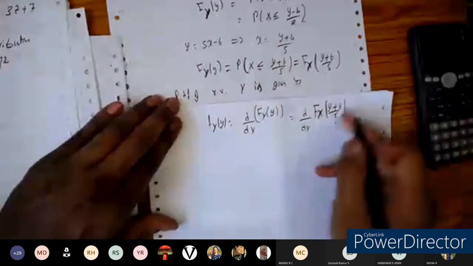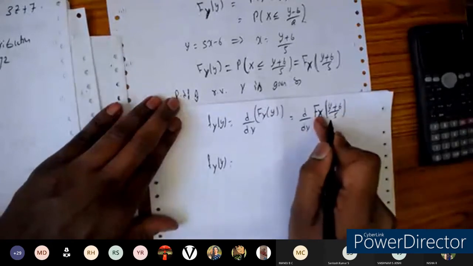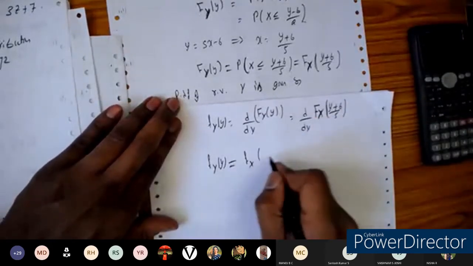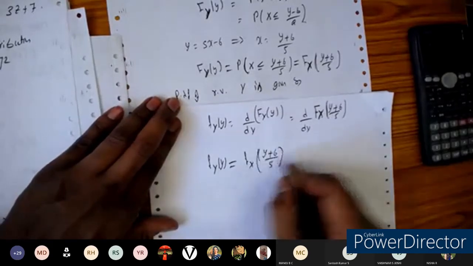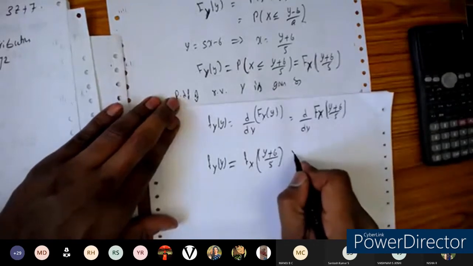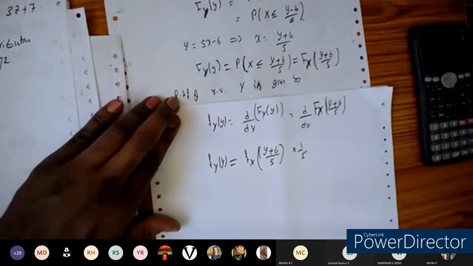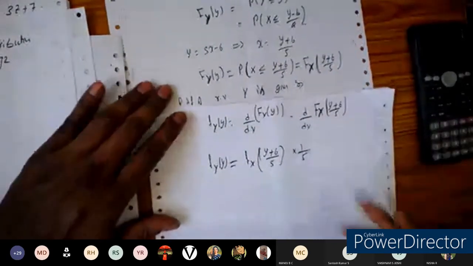Now the differentiation of F_X is the small f of x, of (y plus 6) divided by 5, and the differentiation of (y plus 6) divided by 5 is 1 by 5.